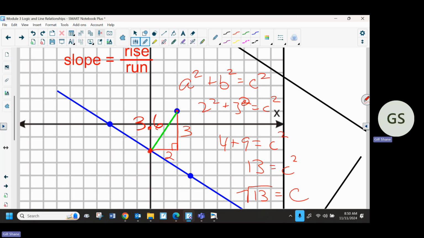Let's say you did not land right on the line and you landed here for whatever line you create. You can still do it if it's a multiple choice test, and maybe even if it's not multiple choice. You would just estimate what your x and your y was. You would just say, okay, well, that's about negative 2.5.